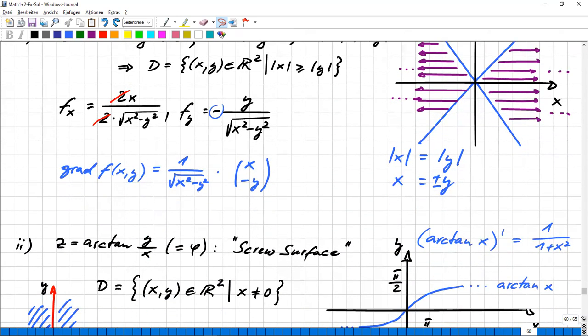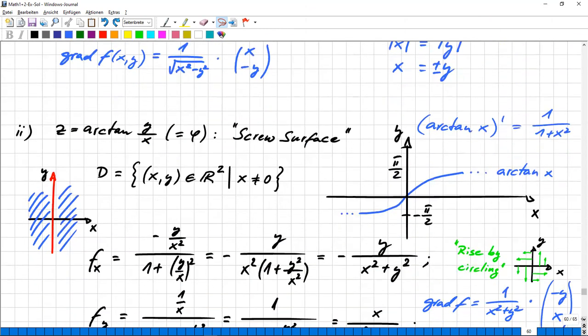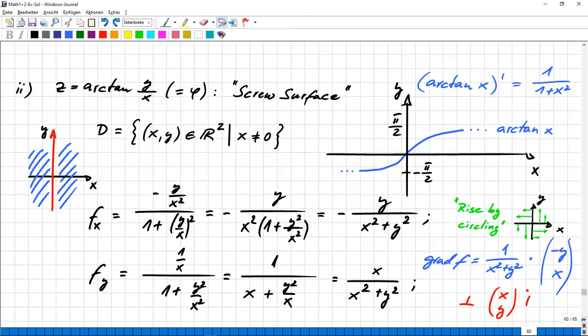In the next example, I like it because this time it's even more vividly possible to visualize it. So you all remember the most important aspects of polar coordinates. You all remember our usual transformation equations for complex numbers, polar form, Cartesian form, things like that.